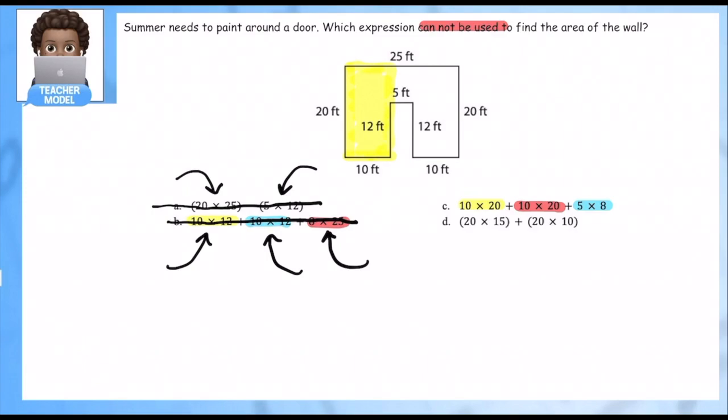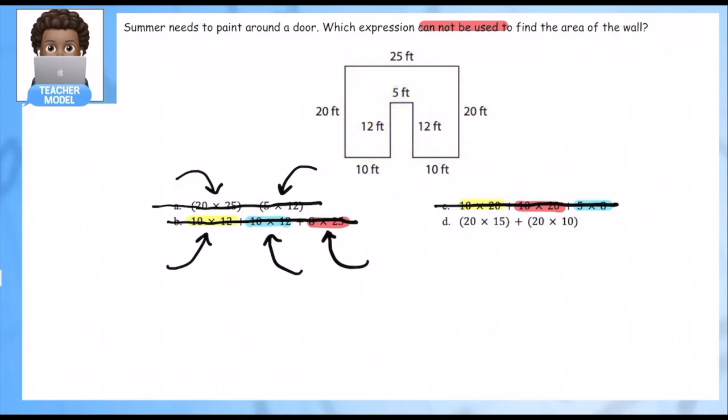And then another 10 times 20, that's this section. And here's 5, and we already know from here to here is 8. So that would give us the area as well. So we're going to cross this one out. And let's confirm where the last one might be.